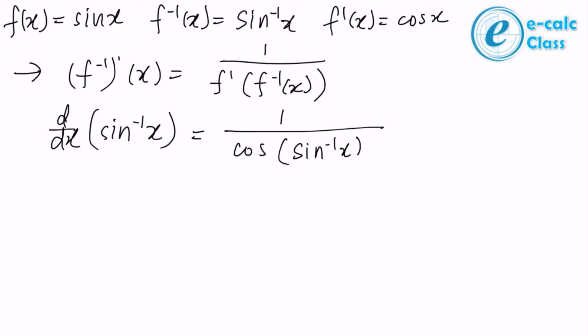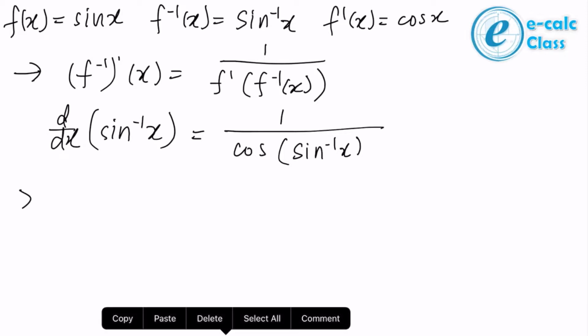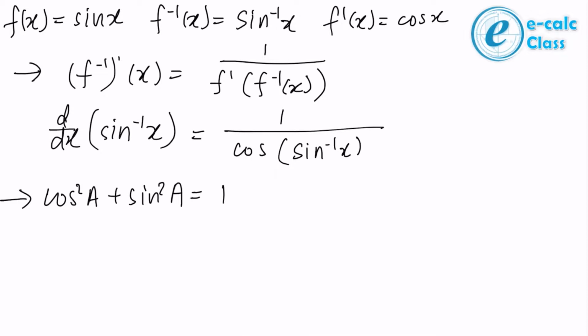And the easiest way to convert a cos to a sine is to use the identity cos square A plus sine square A equals 1. The reason why I choose this identity is because later on I will have a square root of something, and in order to have a square root, I need a square. And you know that cos A is just the square root of 1 minus sine square A.